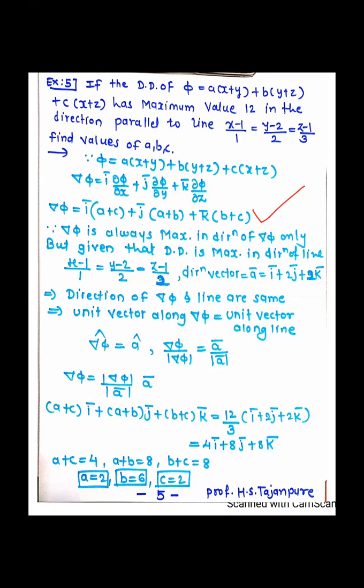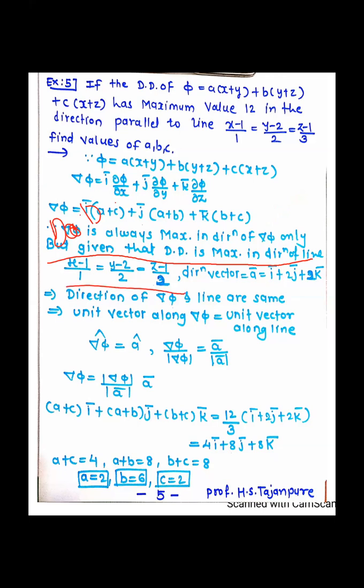Now again, in the same way, DD is always maximum in the direction of del phi only. But what have they given? They have given that DD is maximum in the direction of this line.